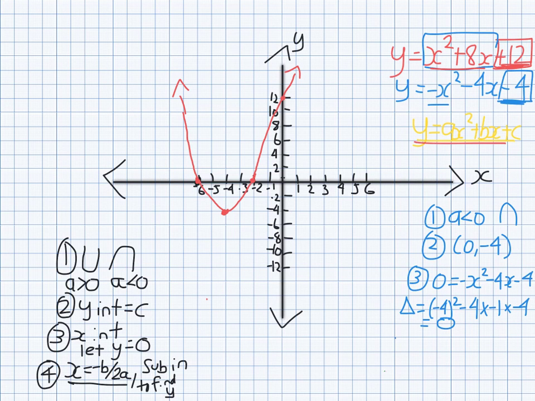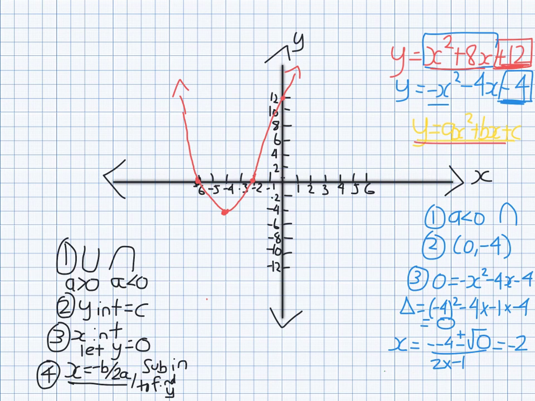Using the quadratic formula, x equals minus b plus or minus the square root of the discriminant over 2 times a, which in this case is minus 1. So I get minus 2 as the x-intercept.